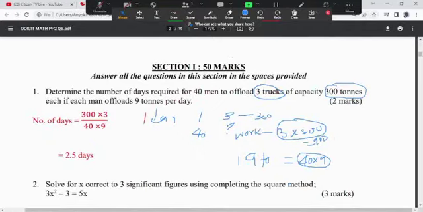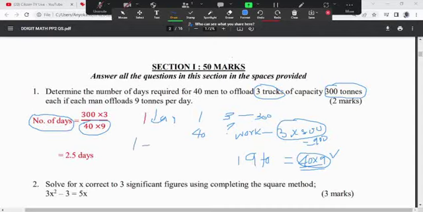The 40 times 9 that we have in the marking scheme comes from finding the total work the 40 men can do. Now to find the number of days, because that's work done in one day, it's an equation that we can formulate.